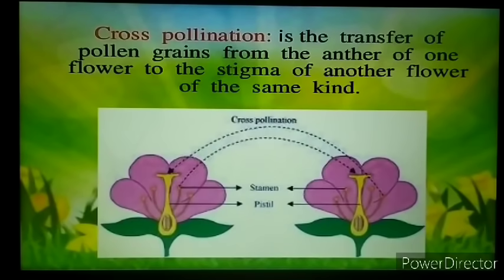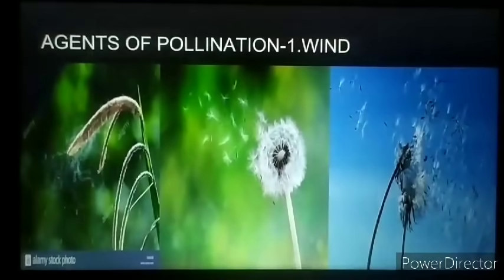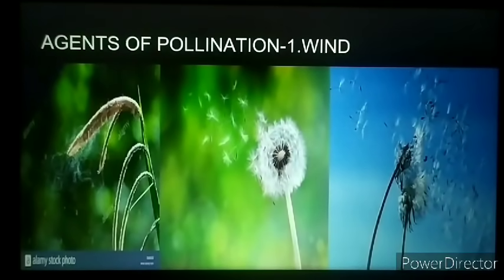Pollination depends on certain agents, as we have discussed in the previous part of the session itself, that there are pollinators. So the agents or pollinators are basically things that help in pollination. One of the most common agents you would find is wind.